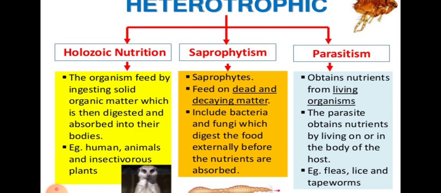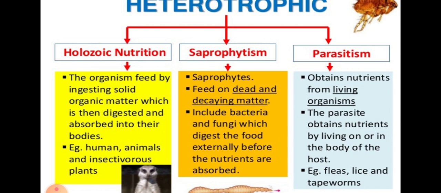In parasites, organisms obtain nutrients from living organisms, means they live inside the body of some other organism and obtain its food from that organism.